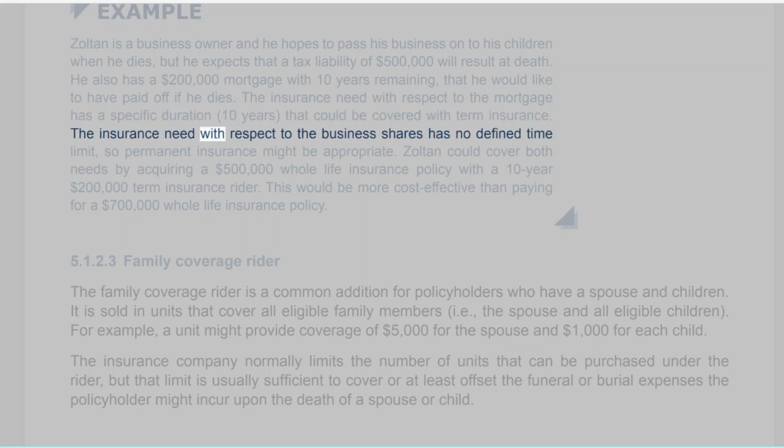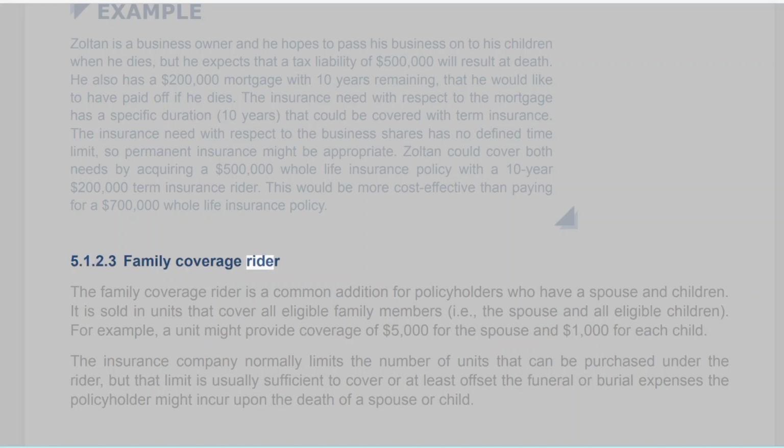The insurance need with respect to the business shares has no defined time limit, so permanent insurance might be appropriate. Zoltan could cover both needs by acquiring a $500,000 whole life insurance policy with a 10-year $200,000 term insurance rider. This would be more cost-effective than paying for a $700,000 whole life insurance policy.